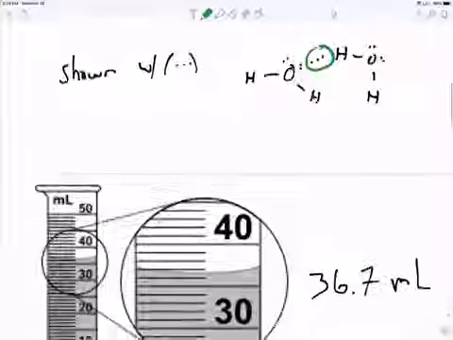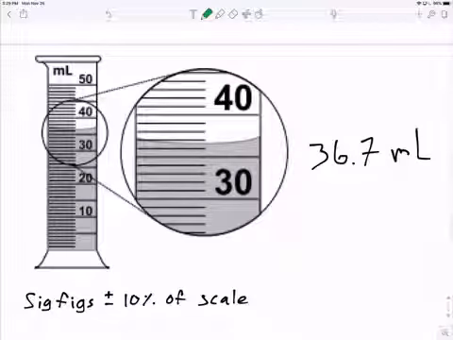And then the last topic, you guys are all in lab, although we use a lot of pipettes. There's one question on the final like this. If you look at a measurement, what is this measurement? Well, this is 31, 2, 3, 4, 5, 6.